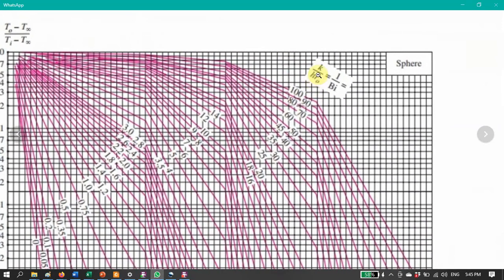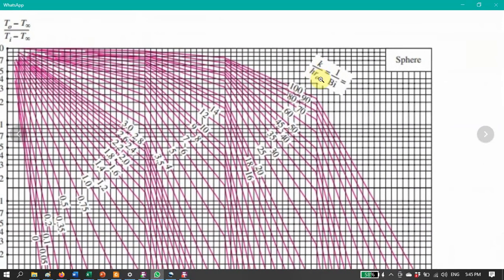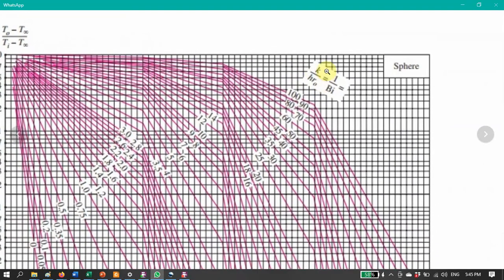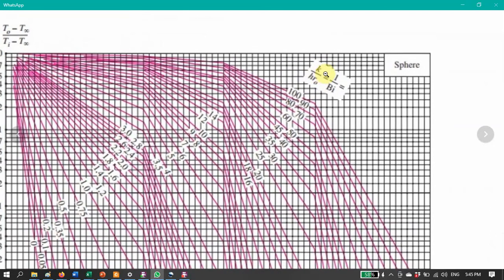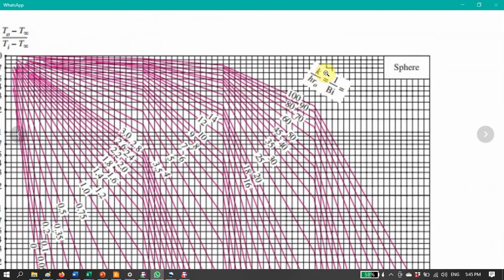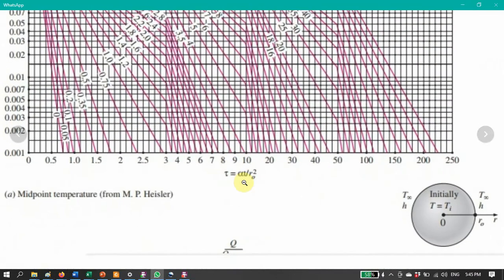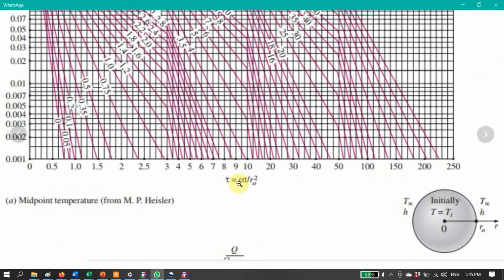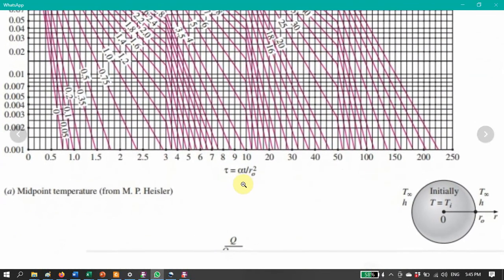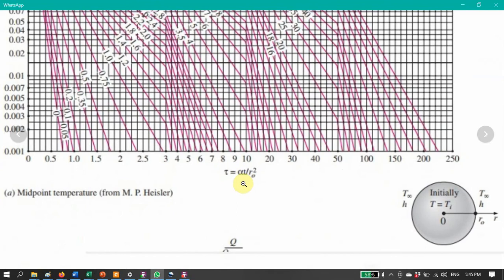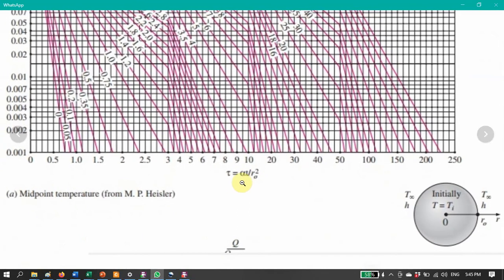So from the book, it says that most of the living things, normally their composition is mainly water. So I'm going to use what we have in the book so that we can make an apple to apple comparison. And then for the Fourier number, we need to put the thermal diffusivity.